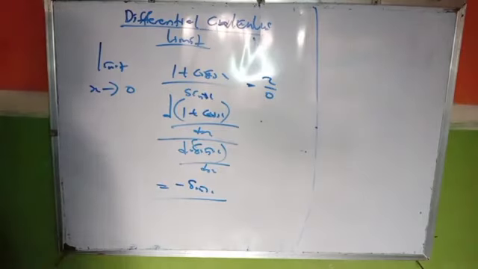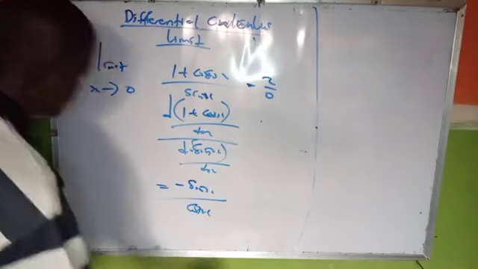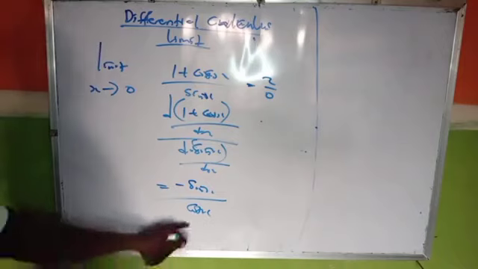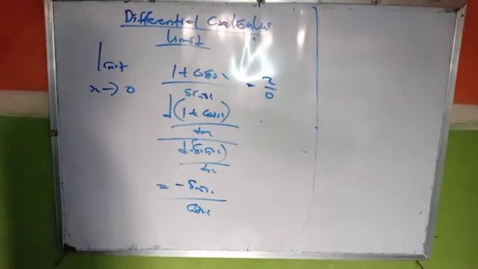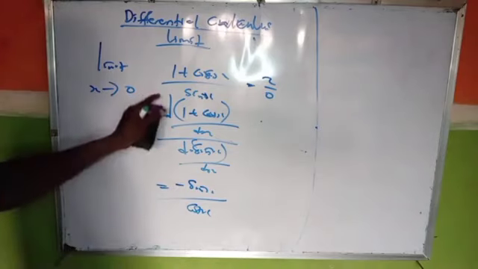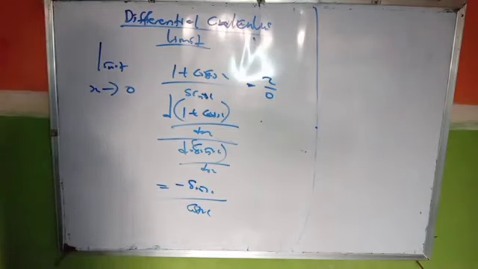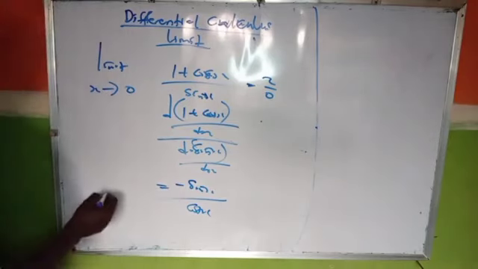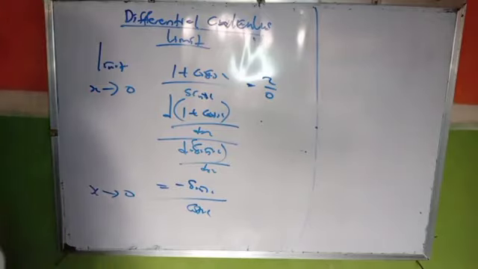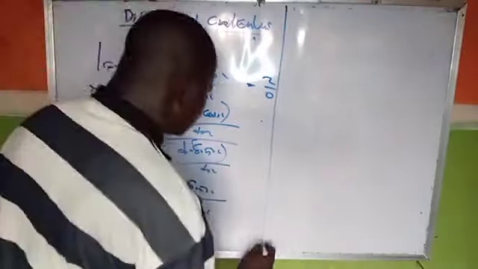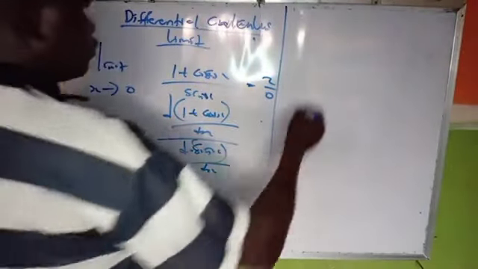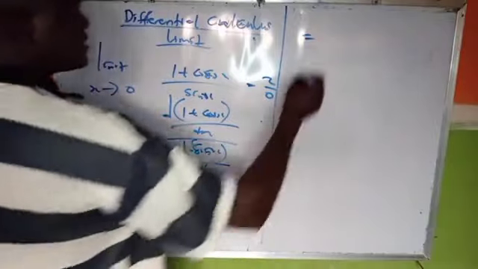The derivative of sine x is cos x. Now look at it, derivative of sine x is cos x, while derivative of cos x is minus sine. So you come back here, x tends to 0.